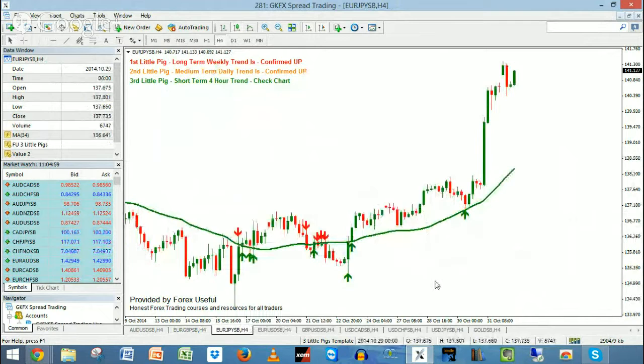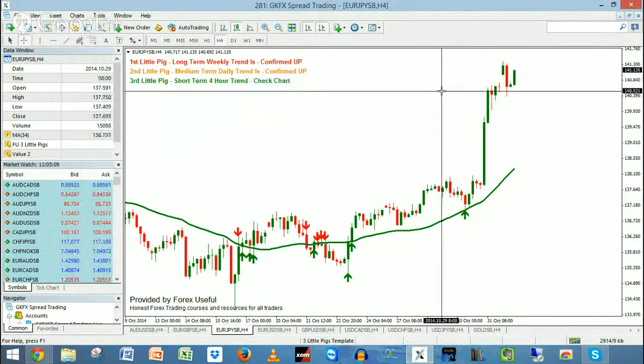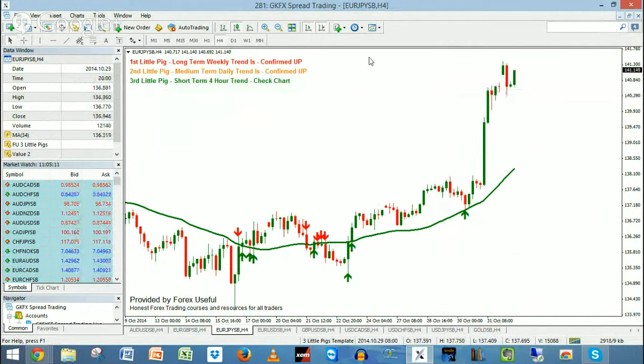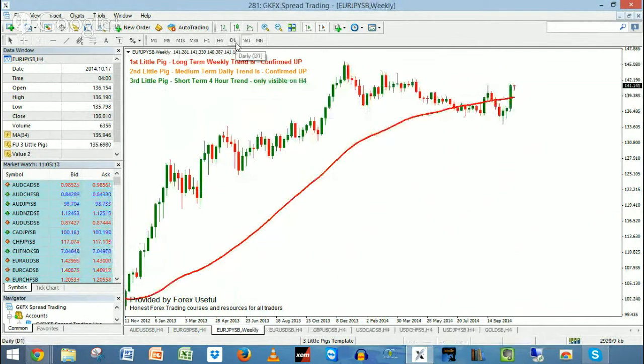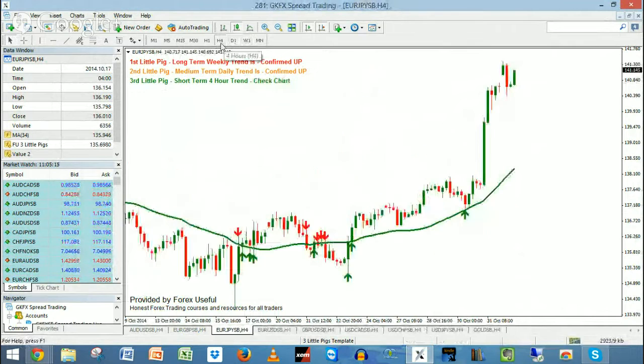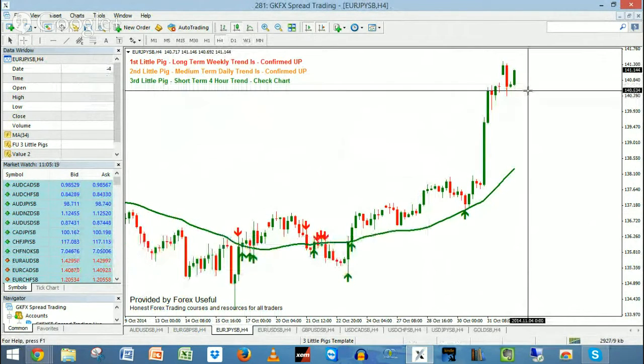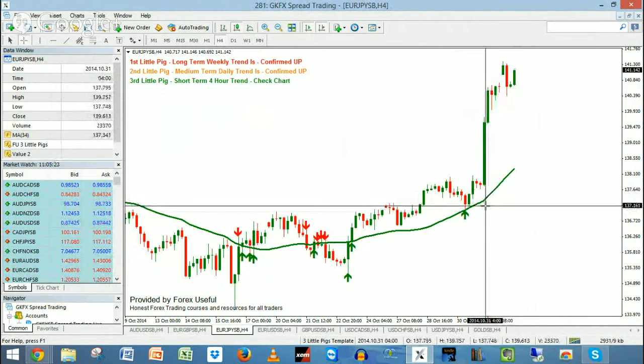On to Euro JPY. There's a very late entry here, this candle, because of this move up to here. Basically, we were waiting for the weekly to catch up, and with an entry up here at around the 140.50 mark and a stop down here, this was just too big a stop for me, so I passed on this trade.